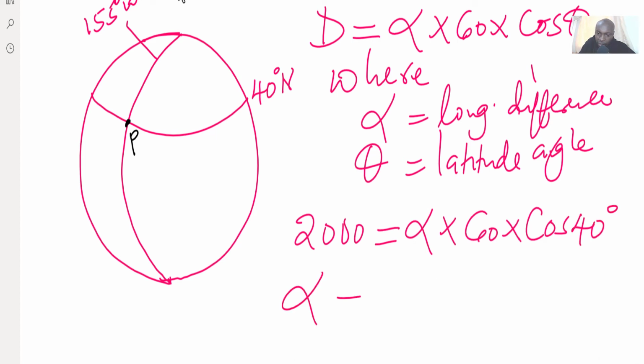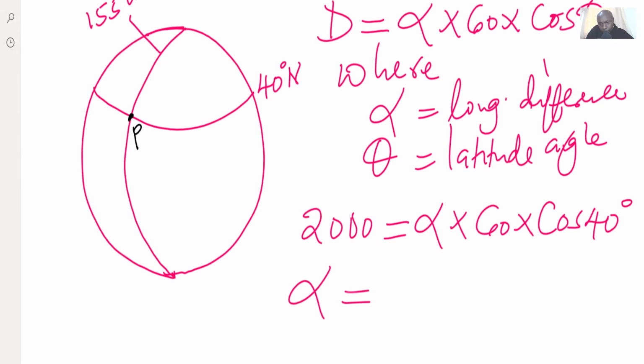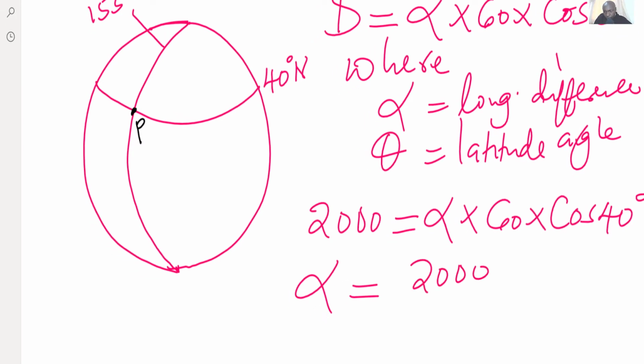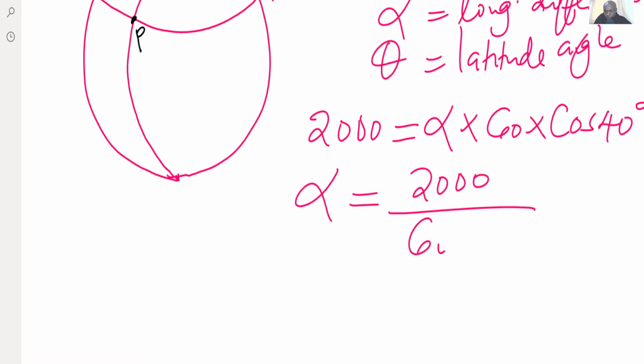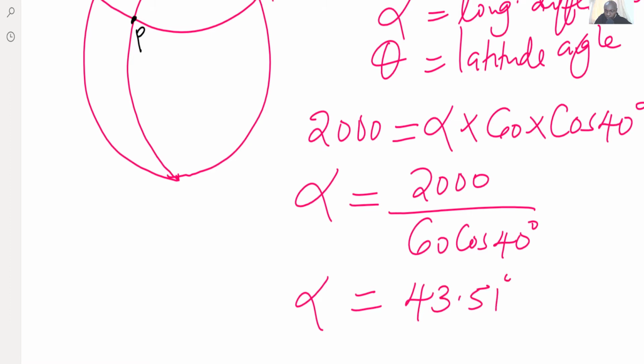So making alpha the subject of the formula, you get 2000 divided by 60 cosine of 40 degrees. When you work this out using a calculator, this will give 43.51 degrees.